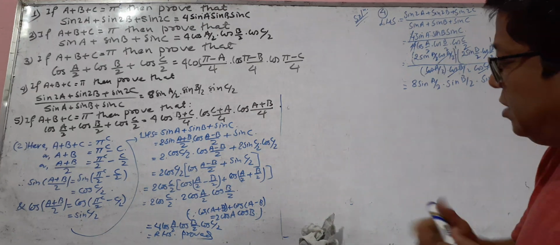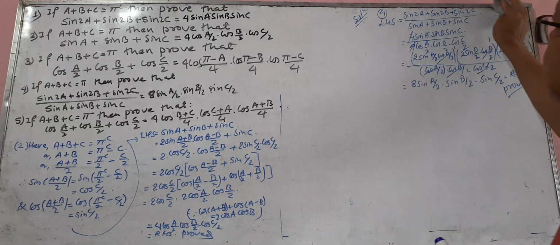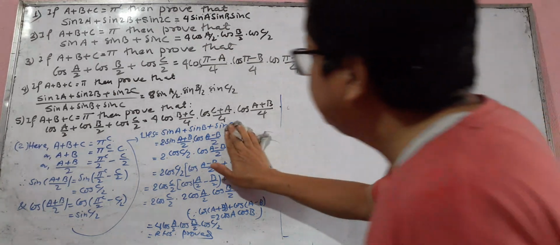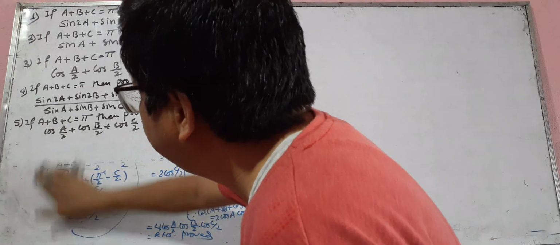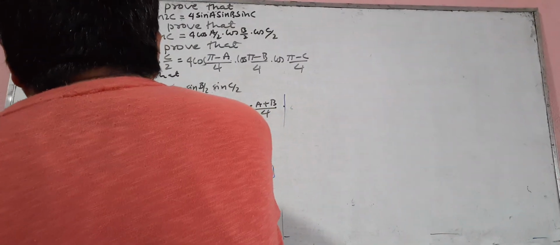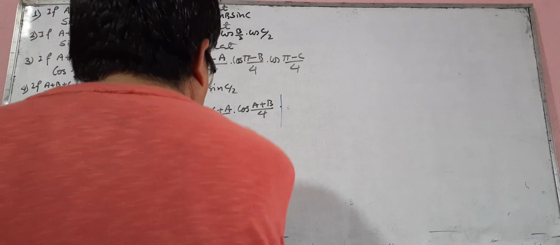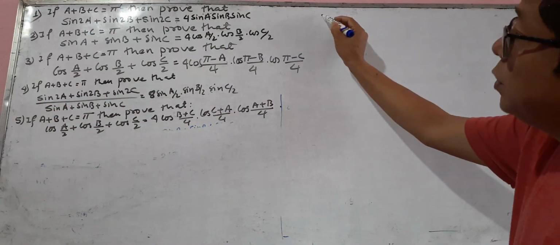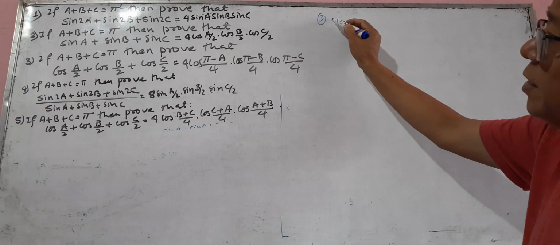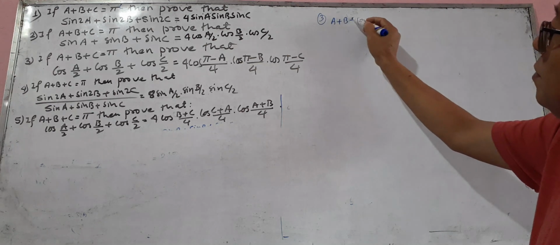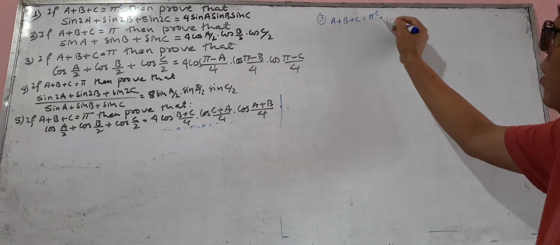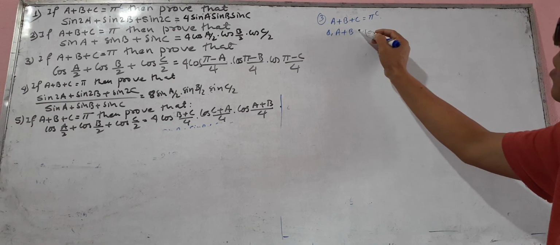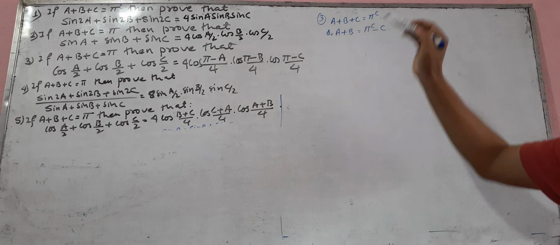Question number 3. Okay, let us clear this. You see this? Question number 3. We have the given condition a plus b plus c equal to pi radian, so a plus b equals pi radian minus c.